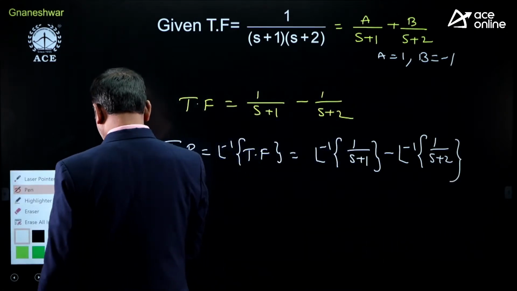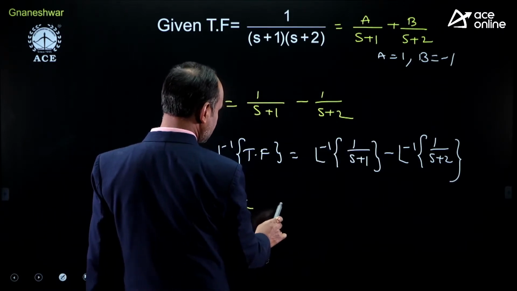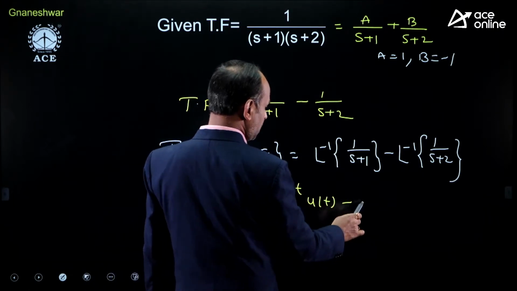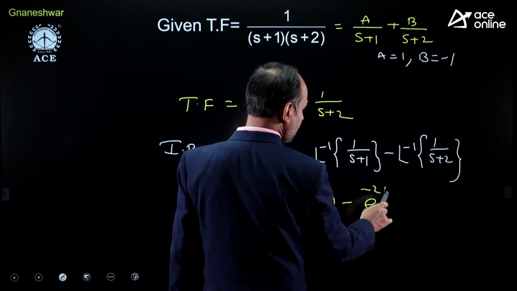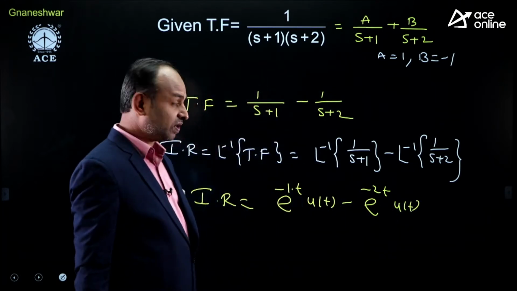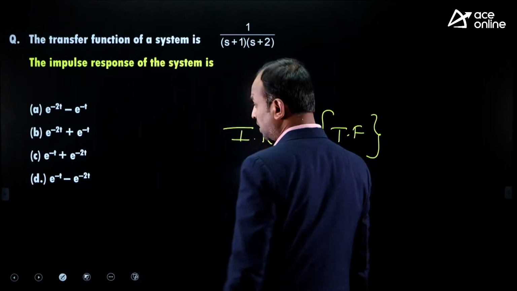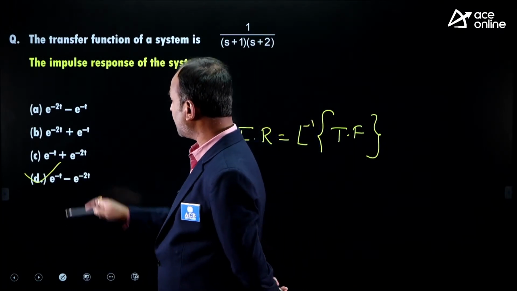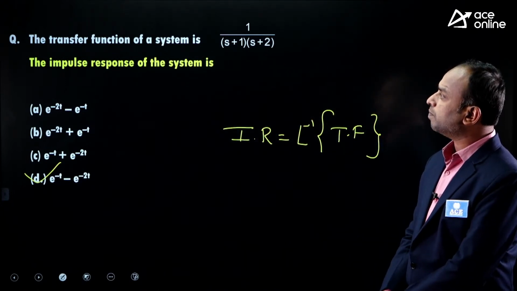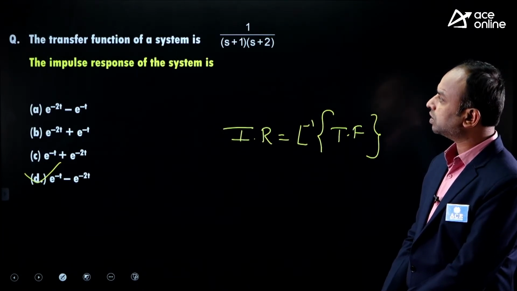Impulse response equals e to the power of minus t u of t minus e to the power of minus 2t. In the S domain plus becomes minus in the time domain. What is the suitable option? Option D is the correct answer. So the transfer function of the system was given and the impulse response was asked.